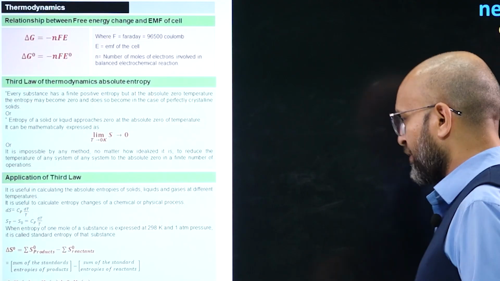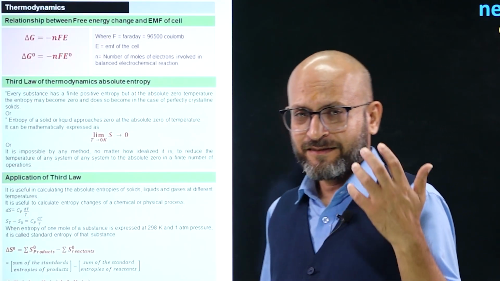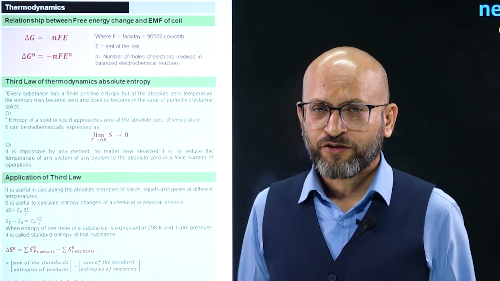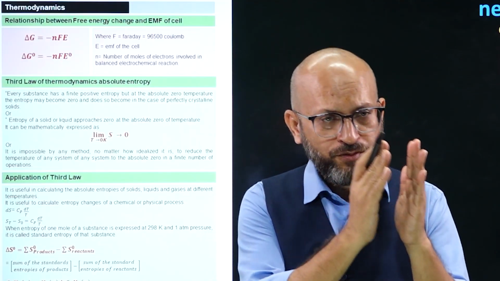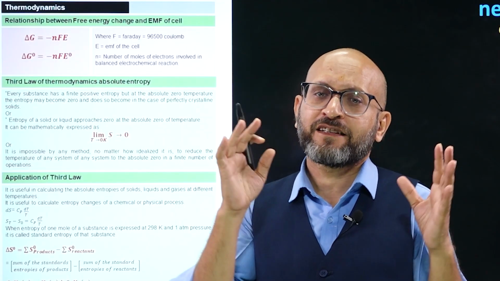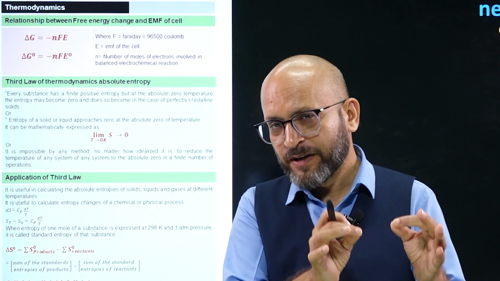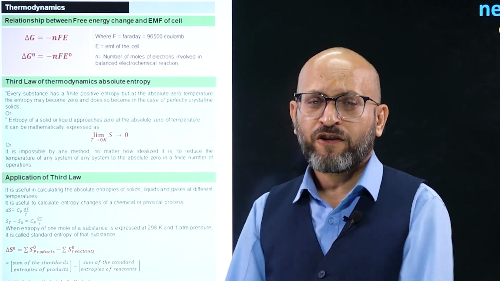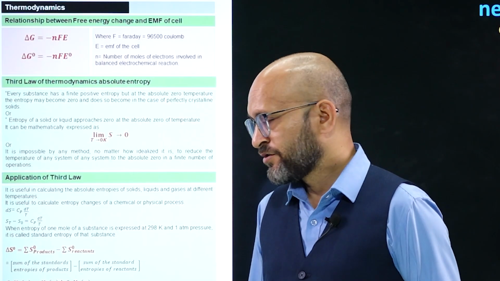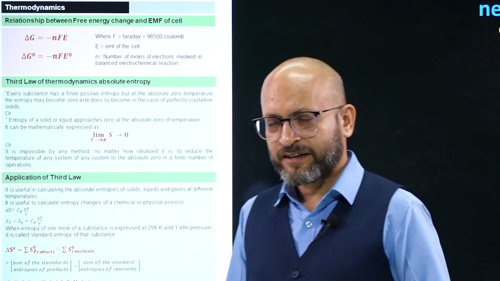Now we have a couple more formulas which say that the entropy change of a reaction can be calculated from the total entropy of all products minus the total entropy of all reactants. Alright. So that is it. I'll give you a small trick.